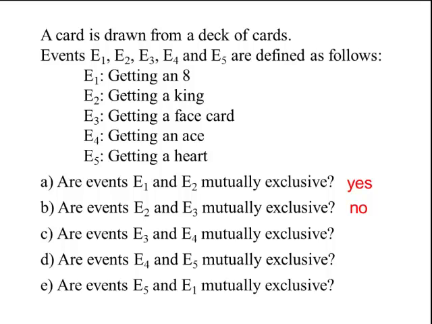You can't have a king and at the same time a face card. Recall, a face card is a jack, queen, or a king. C is yes, they are mutually exclusive, or disjoint, because they cannot happen at the same time. D is no, you can get the ace of hearts, which is both events happening at the same time. Last one, E, is no, you can get the 8 of hearts also.